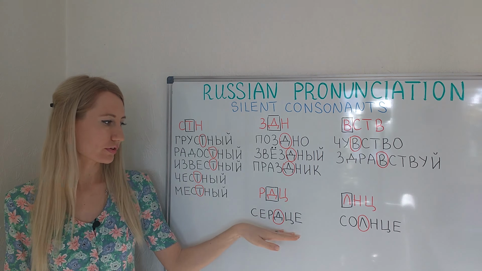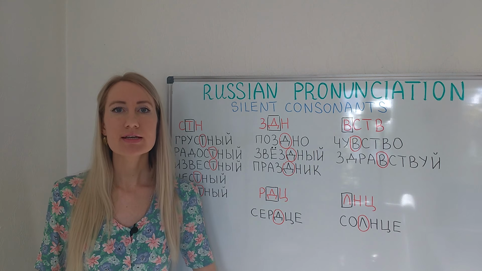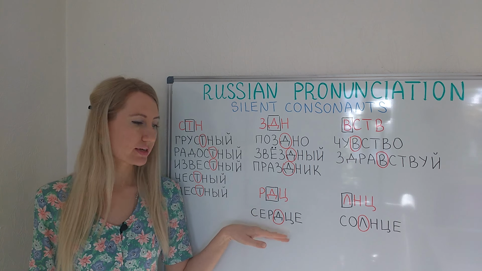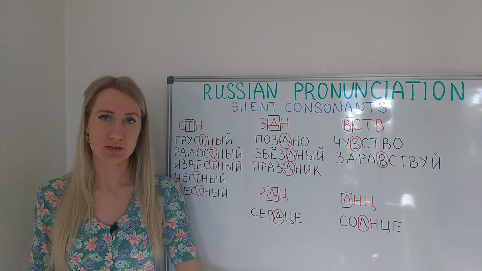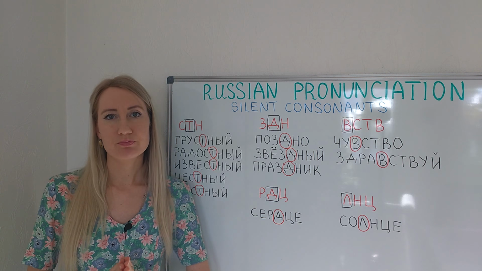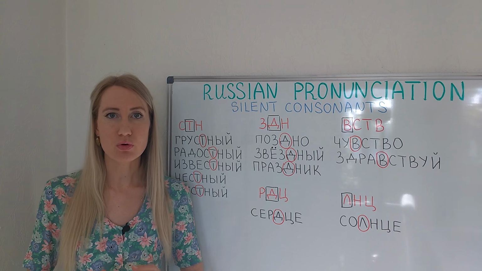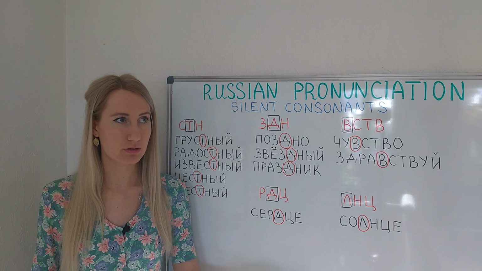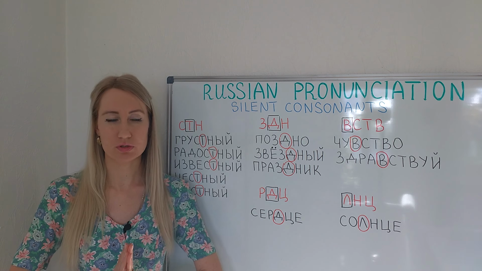And the only word I found is сердце, heart. We can check this word as well, сердечный. For example, some medicine for the heart would be called сердечные капли, like drops for the heart.